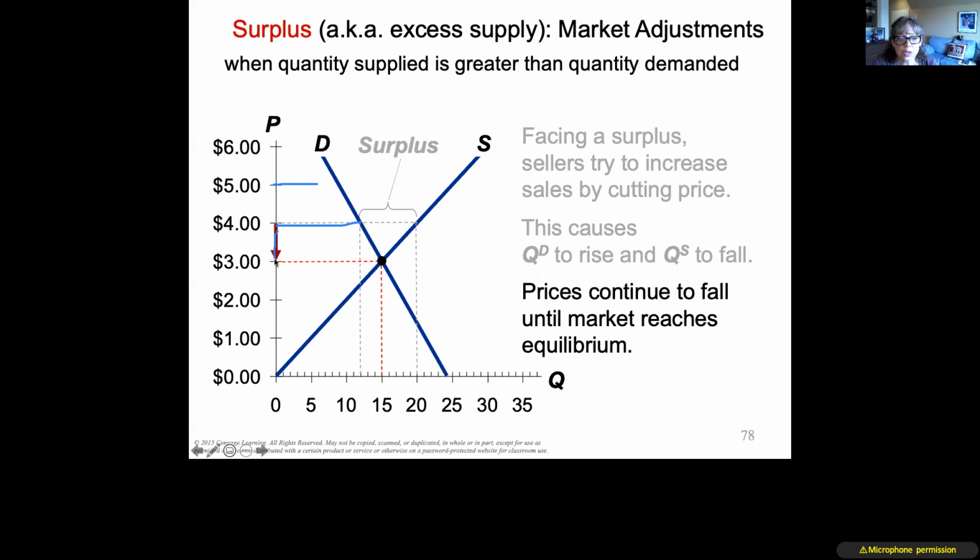So now we have to reduce it again to $3. When they reduce it to $3, now we're back to equilibrium. So what we're saying is the prices continue to fall until the market price reaches equilibrium. This concept is called the invisible hand. The invisible hand is pushing down the price, like a hand pushing down the price until it reaches equilibrium.